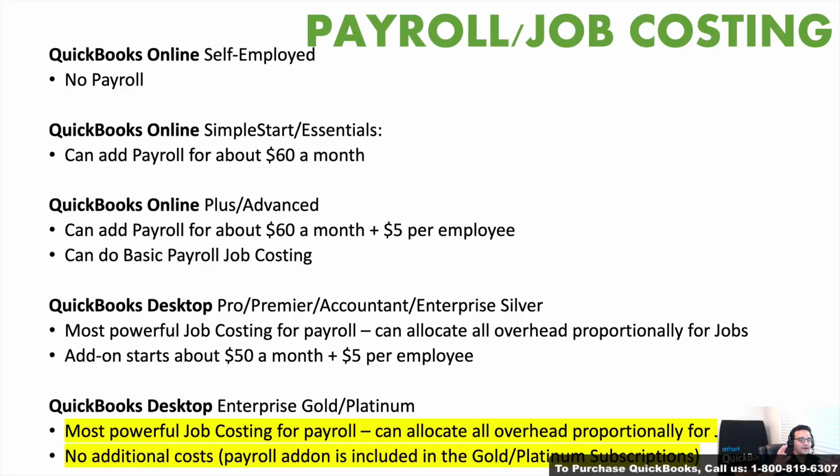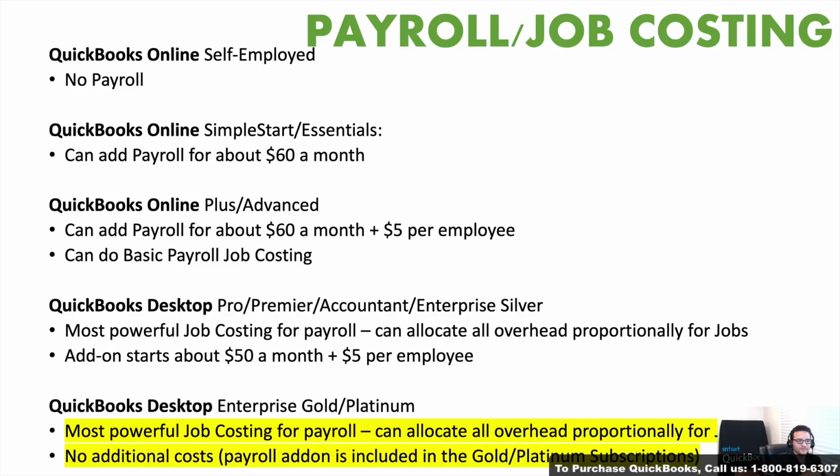So if you really want to manage robust payroll-level job costing, you have to go to QuickBooks Desktop. And actually, all QuickBooks Desktop Pro, Premier, Accountant or QuickBooks Enterprise have the same payroll job costing features, but in QuickBooks Desktop Gold and Platinum, payroll is included. So you don't have to pay the additional $500-$600 a year that payroll costs with the other platforms.